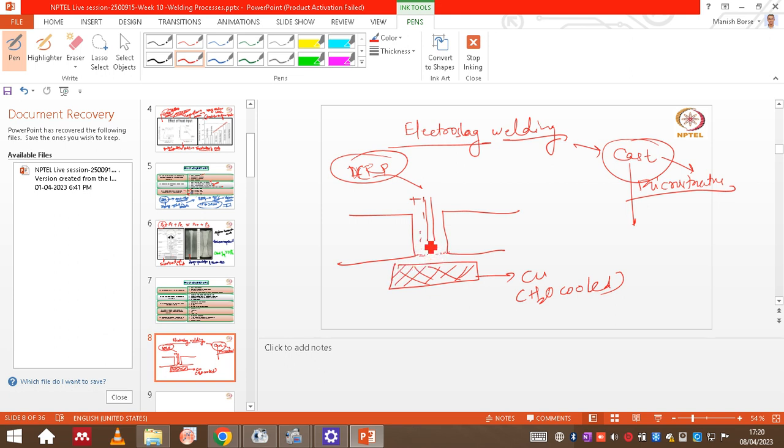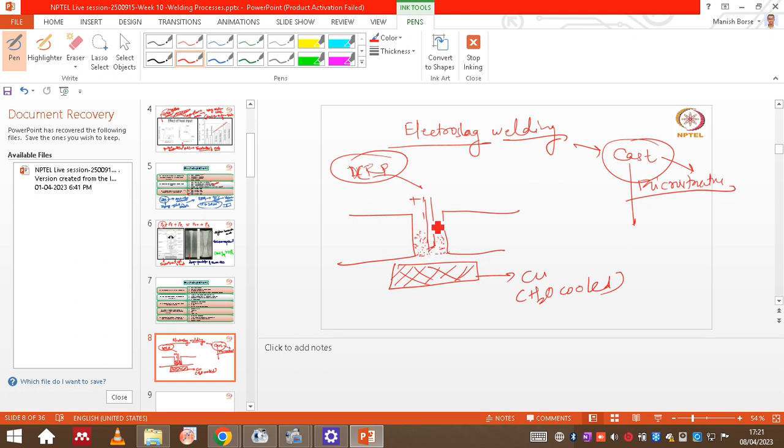So once the arc is struck, the flux is poured here, and because of the heating of the arc, this flux will go to the molten state.